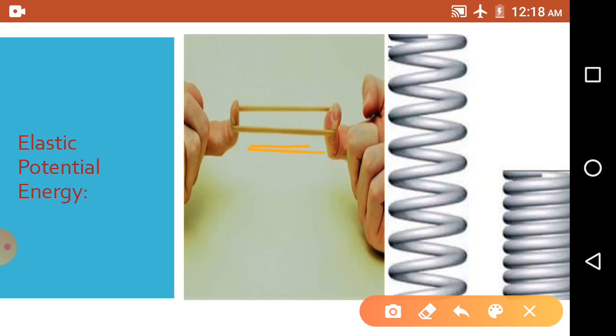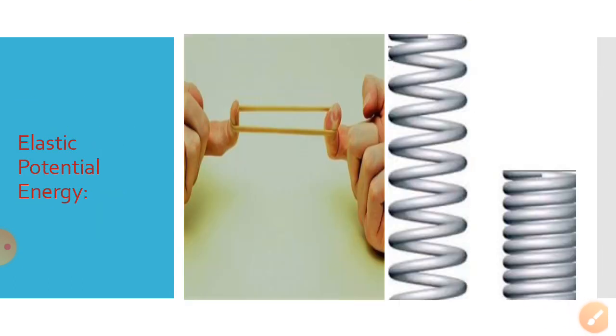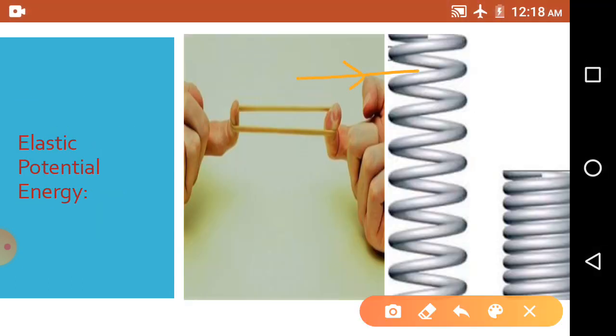This is because there is a restoring force whenever we pull the rubber band in this direction and in this direction, which causes the rubber band to get its original shape again. For this, the rubber band possesses some potential energy in this state, and this potential energy is called elastic potential energy.